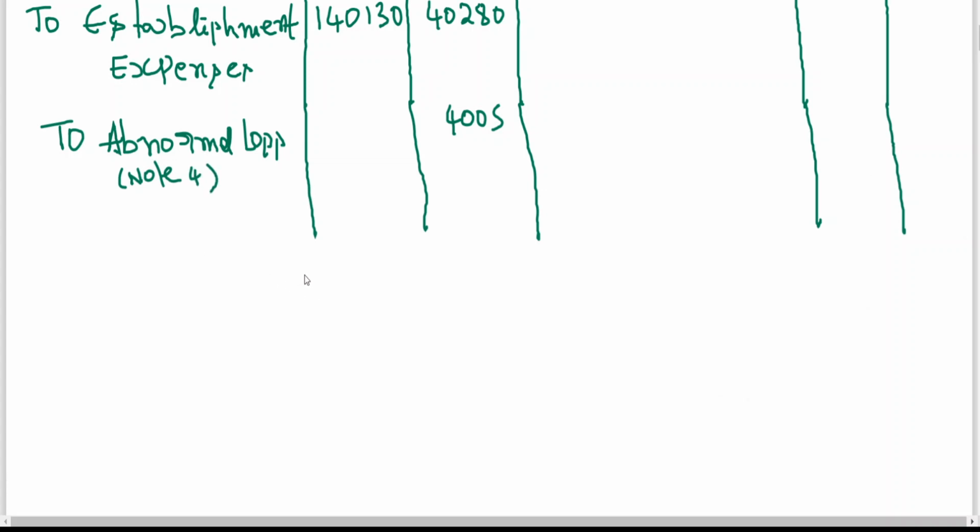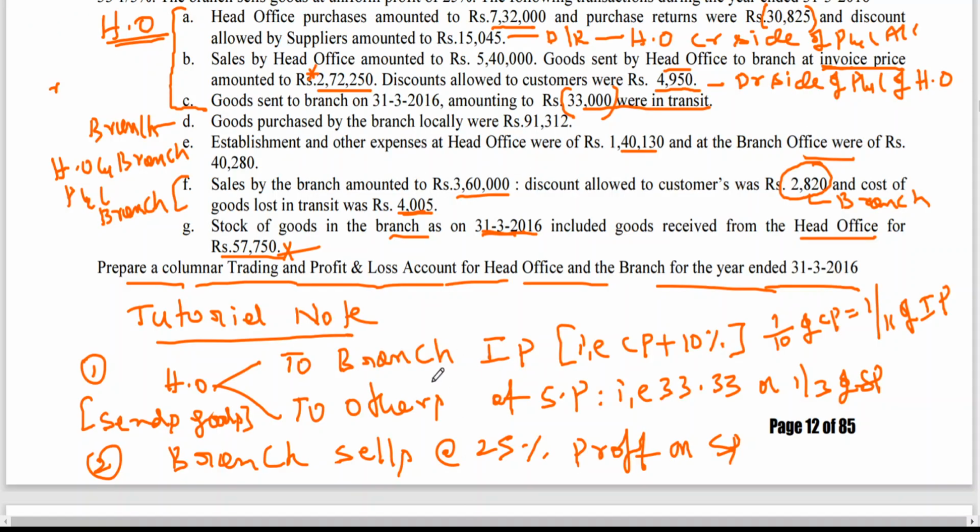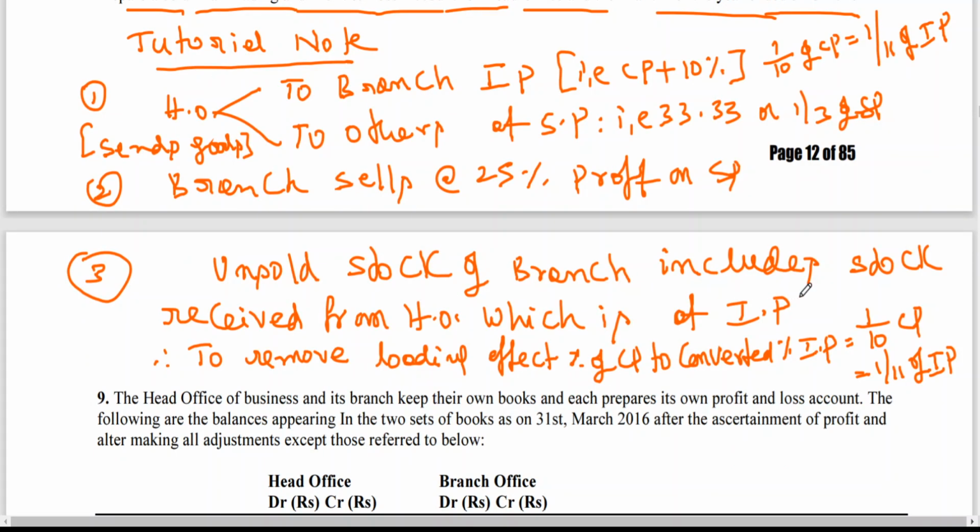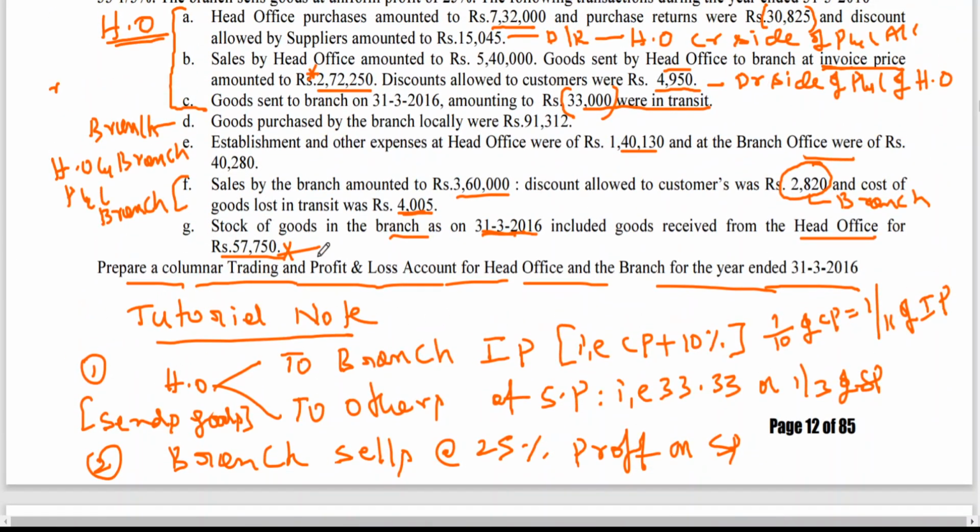I've explained to you already about stock reserve. Unsold stock at branch includes stock received from head office, which is at invoice price. Therefore, to remove the loading effect, the percentage of cost profit is converted: 1/10 of CP is equal to 1/11 of IP. Stock of goods in the branch as on 31st March 16 included goods received from head office for 57,750.